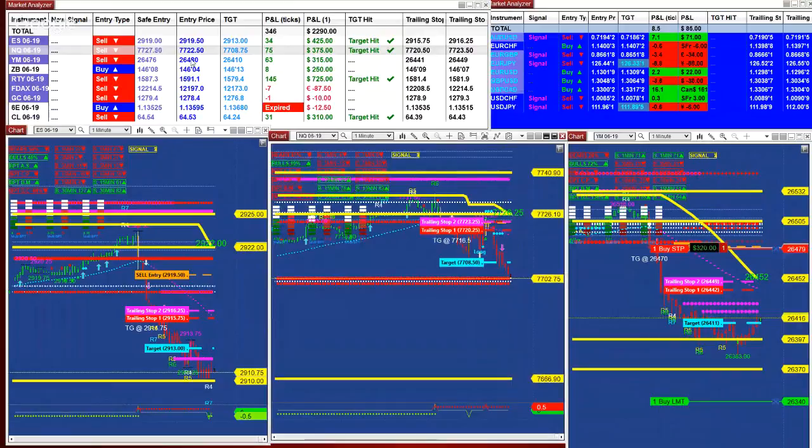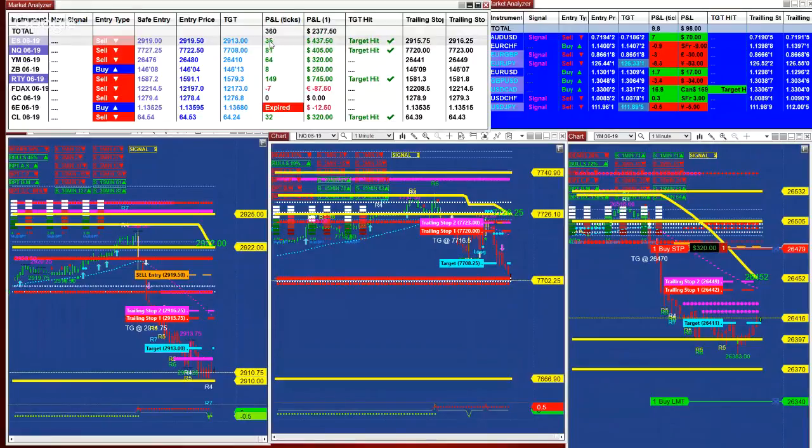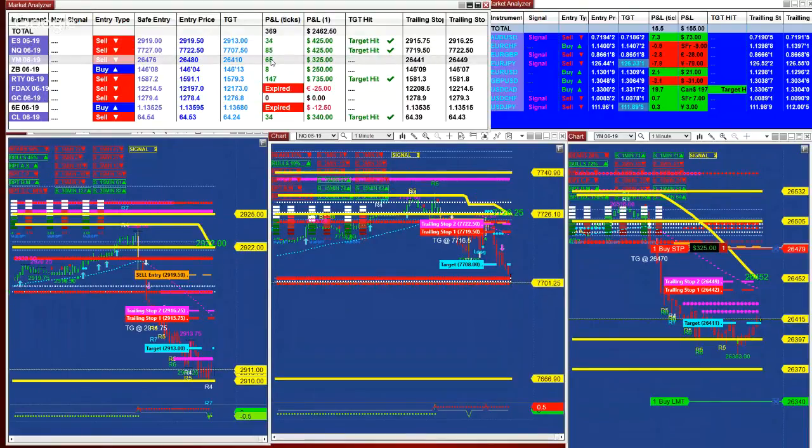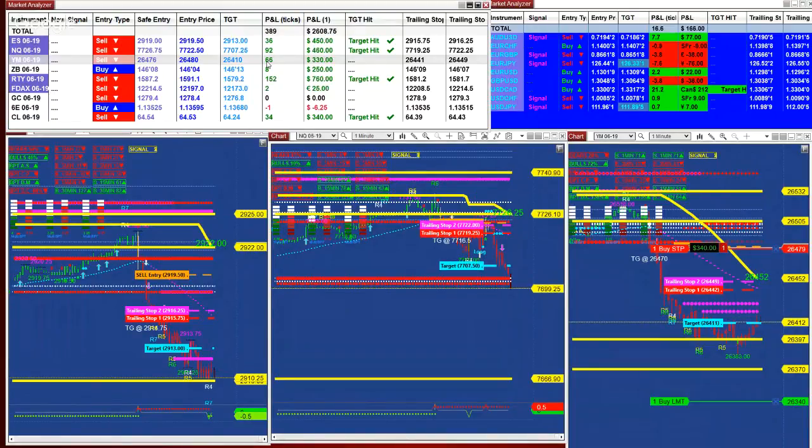The market analyzer is based on 1 minute, and as you see, we have 34 ticks from the last entry signal, 83 ticks from the last entry signal, and 66 ticks from the last entry signal. So right now, between the ES, NASDAQ, and Dow Jones, we have almost a couple hundred ticks of profit based on one target only.